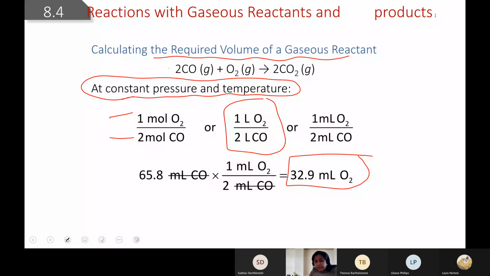Remember the previous equation: all these components should be in gas phase when you need to relate the amounts with the volume.